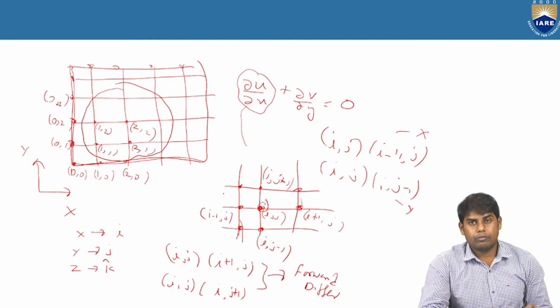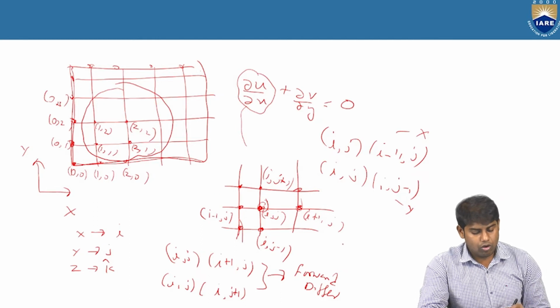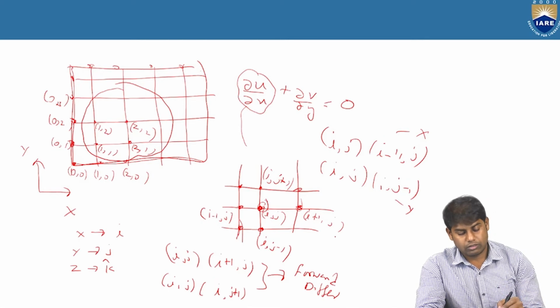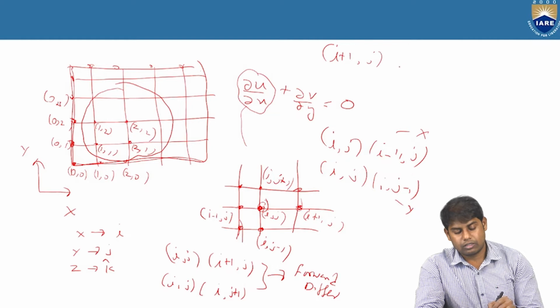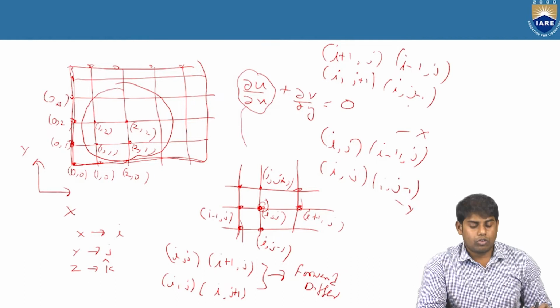If you are going backward, it is i minus 1, i minus 2 and so on. What is the meaning of central difference about this point? That would go for i plus 1 comma j and i minus 1 comma j, and then i comma j plus 1 and i comma j minus 1. Let's say this is the i comma j point.